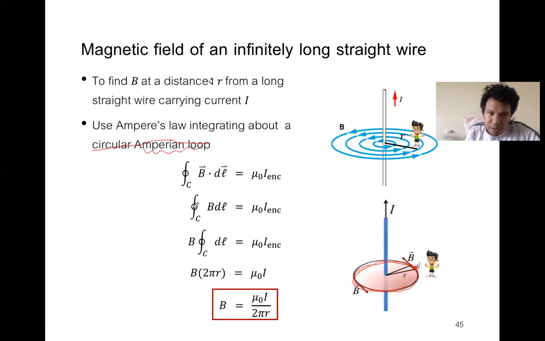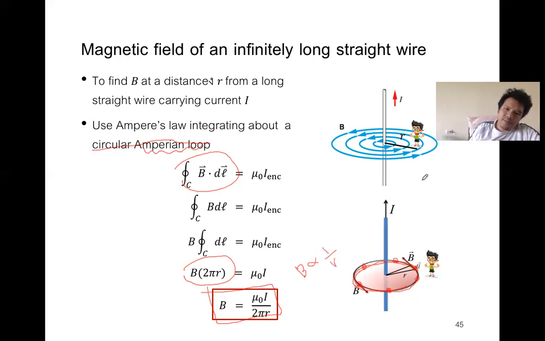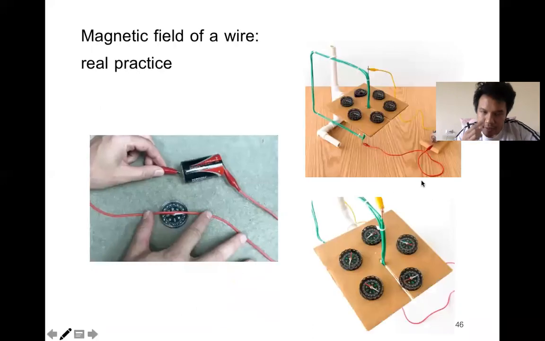Then we integrate B dL along the Ampere loop, and the integration becomes easy because, due to the symmetry of the system, the magnitude of B here, and here, and there are equal. So the integral becomes B times 2 pi r. Then we come up with this relation. So we know that the magnetic field strength is inversely proportional to r. So the magnetic field becomes weaker with longer distance.